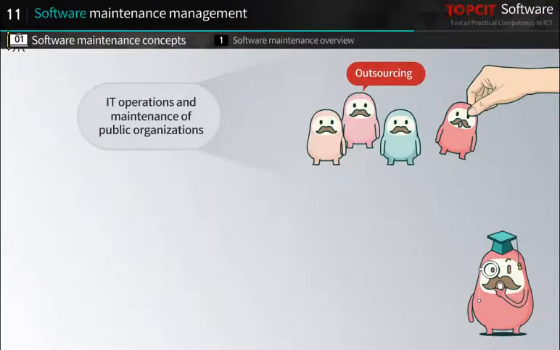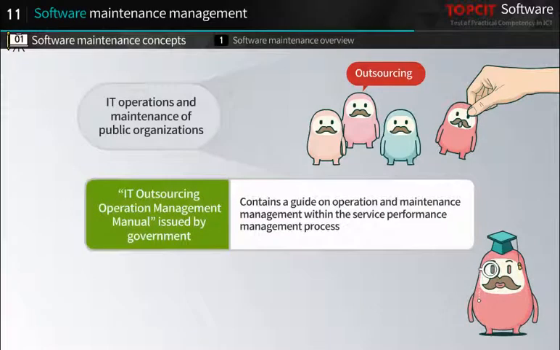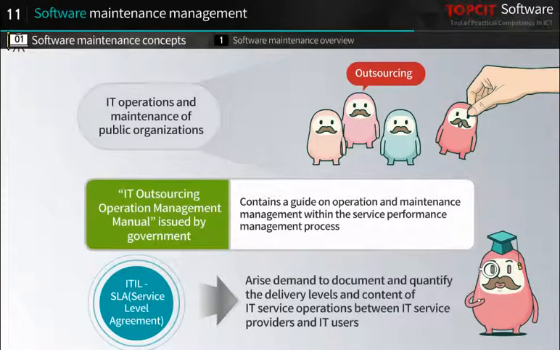As a result, the IT Outsourcing Operation Management Manual issued by the government contains a guide on operation and maintenance management within the service performance management process. In addition, there is a strong demand to document and quantify the delivery levels and content of IT service operations between IT service providers and IT users through ITIL Service Level Agreement.